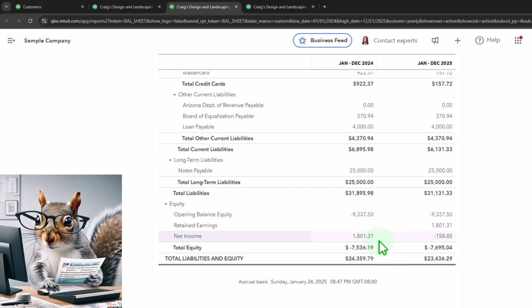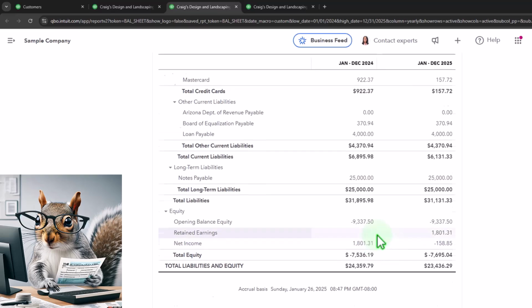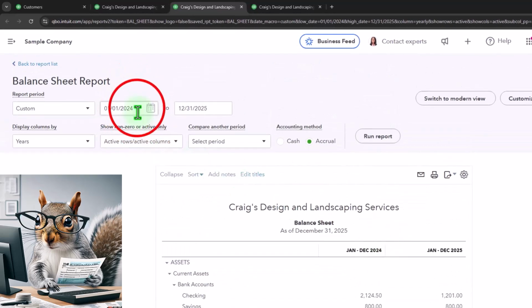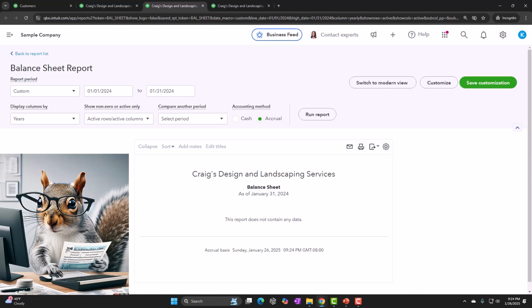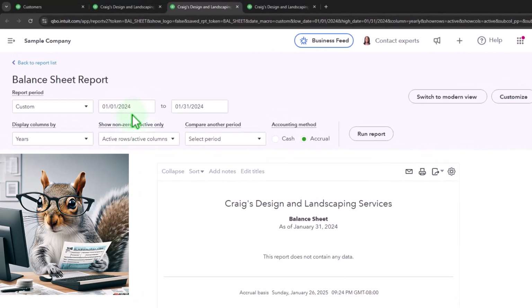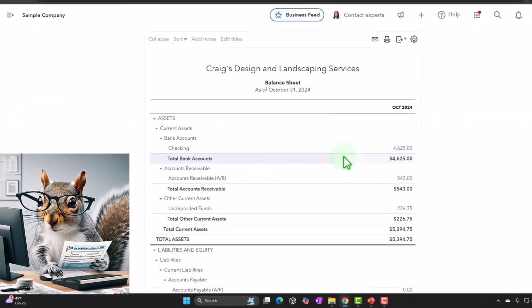So that means that, like, you might think, like, if I ran the report for like a month of 01/01/24 to 01/31/24, that it would, or let's say we go, what are we on to? It doesn't have anything for that month. Let's go from 10/01/24 to 10/31/24 and run that.